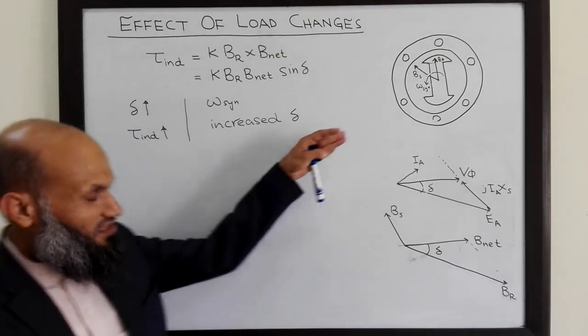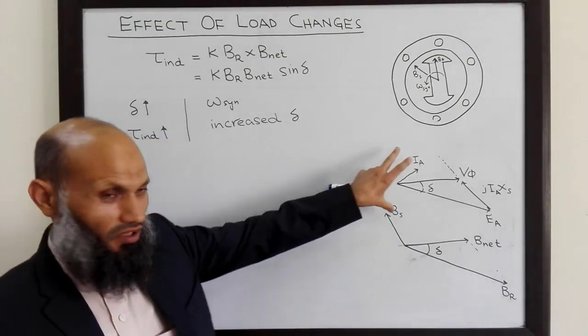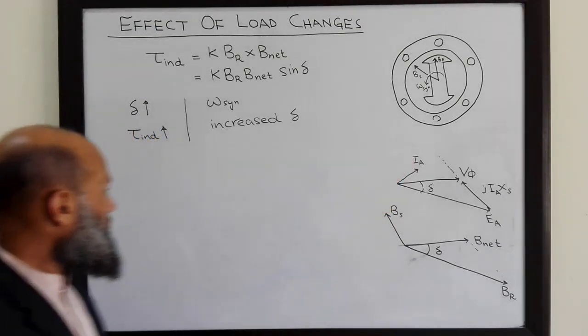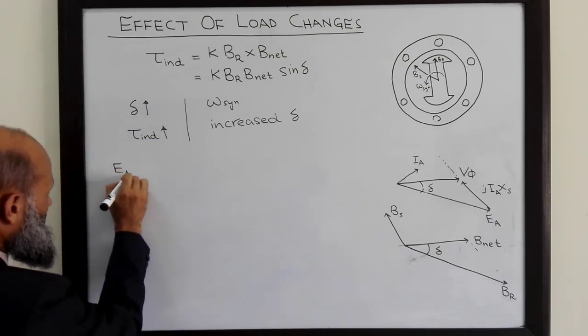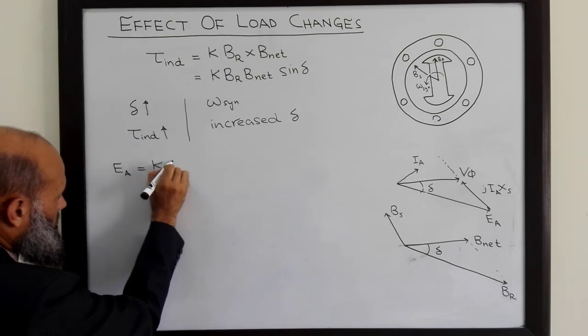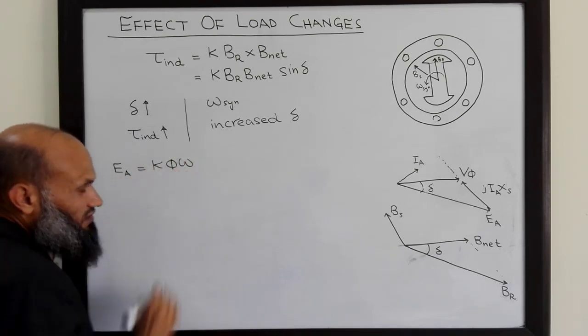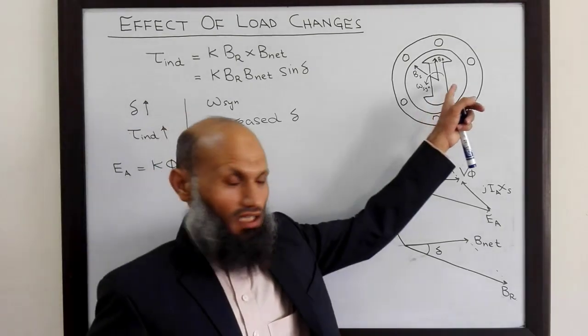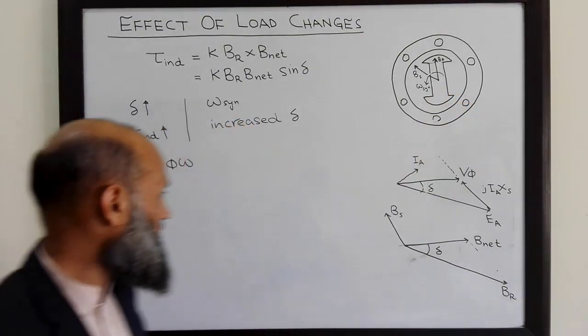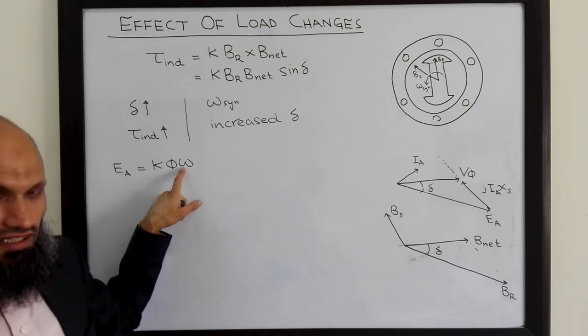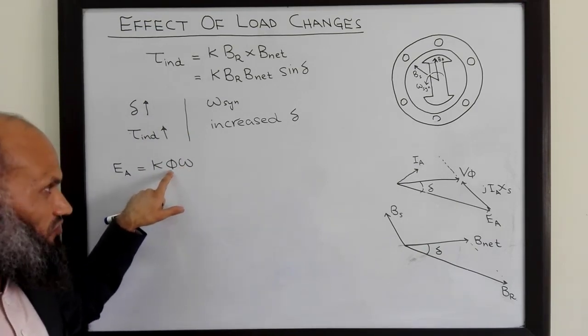We can also explain all these points with the help of these phasor diagrams. What we observe is that EA, the internal generated voltage, is given by K phi into omega. Since the rotor always rotates with synchronous speed after transients have died out, this omega is constant. And what about flux?